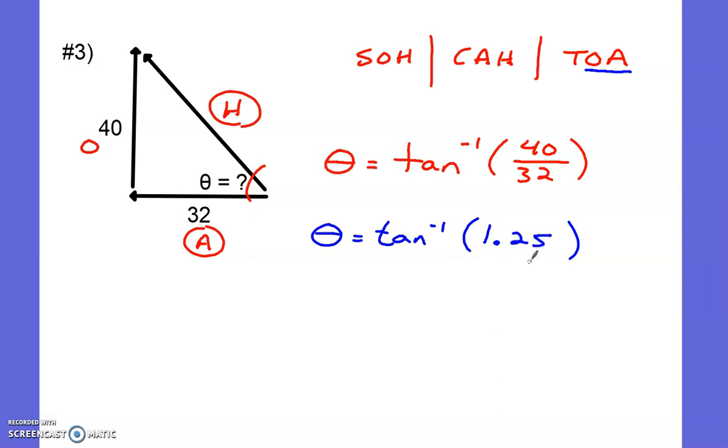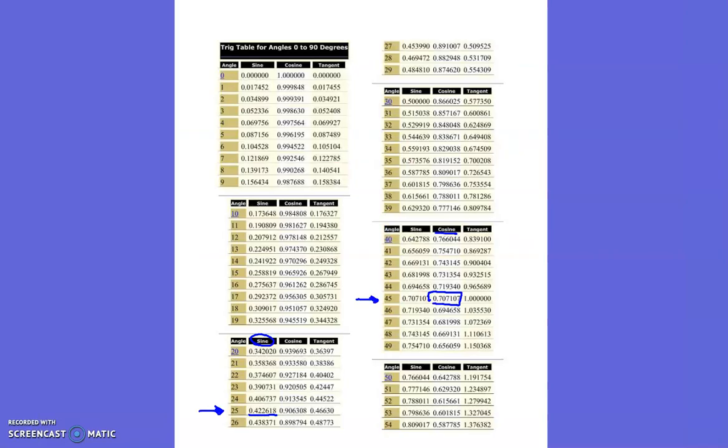This one's a little bit different in how we solve. We're looking for an angle now. So now I go to my chart, and what I want to do is in the tangent column, that's the 3rd column, I'm looking for a number that's as close to 1.25 as I can. So here we have 0 to start, and it starts to just increase.